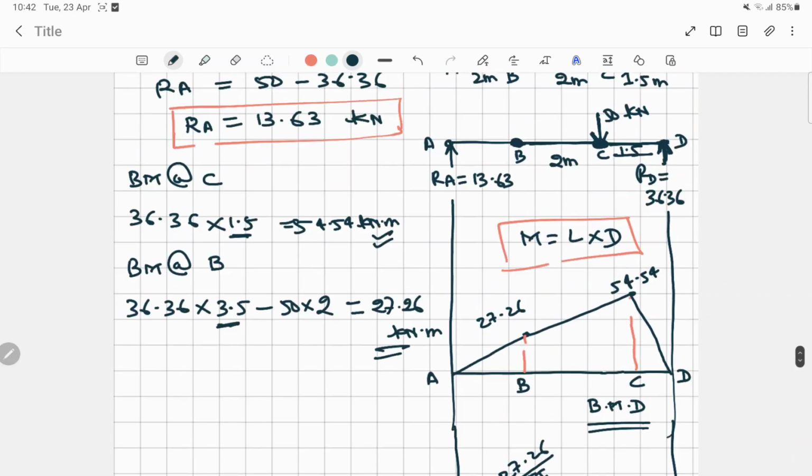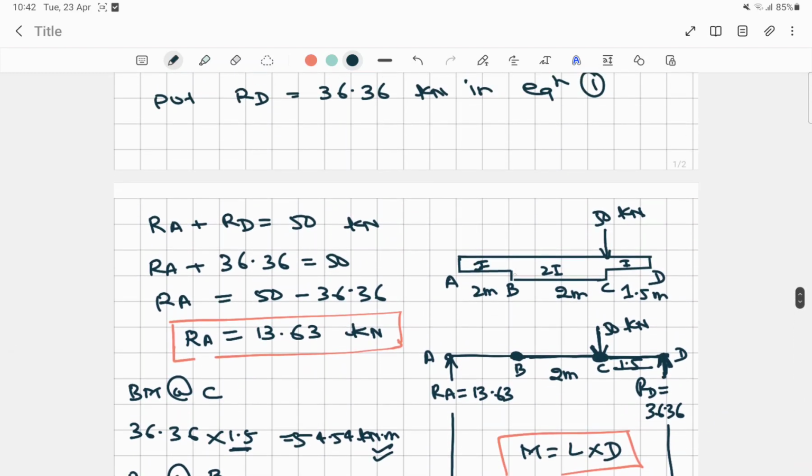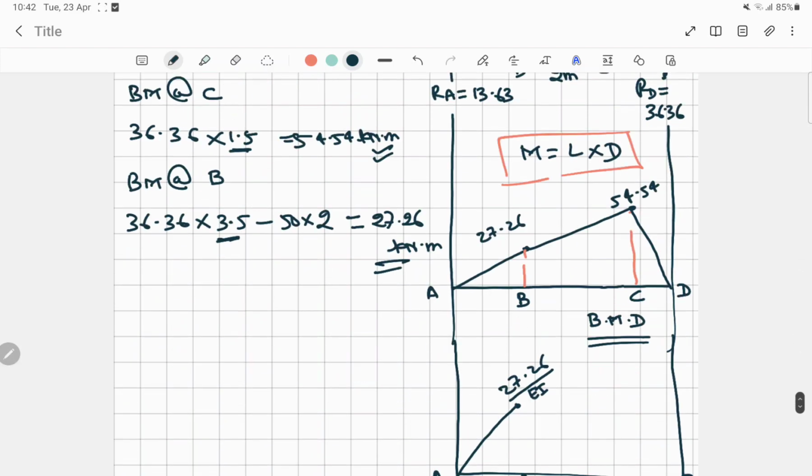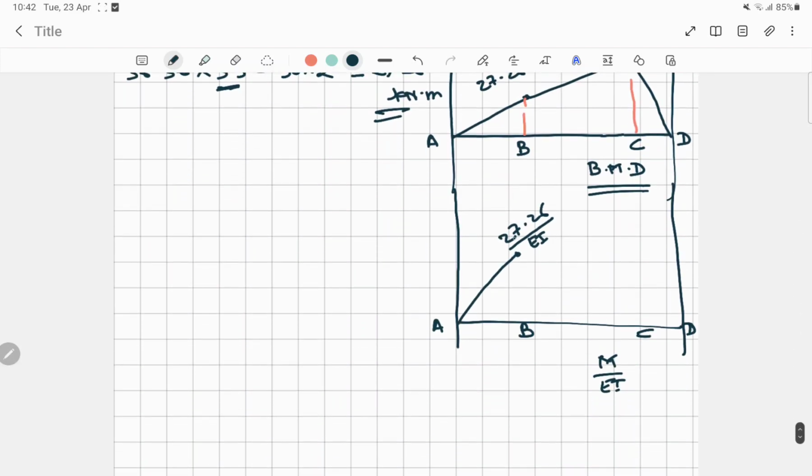But here at this B point, what happens? See the question. At this point, one side is shared with the I and the other is shared with the 2I. So in those situations, for the same value, first we'll divide with this value and again with this value. So here the maximum bending moment was 27.26 for I. Now again this point is also shared with the 2I.